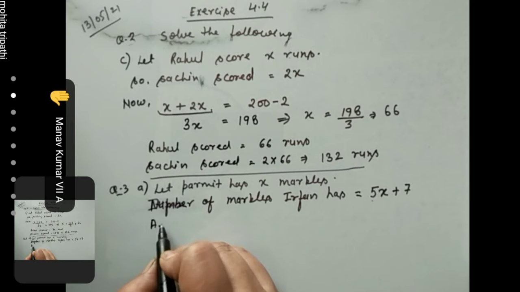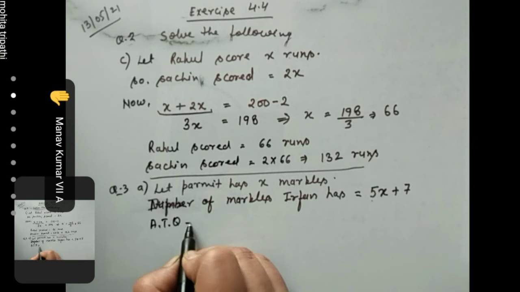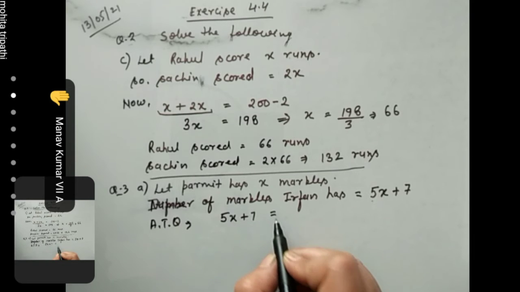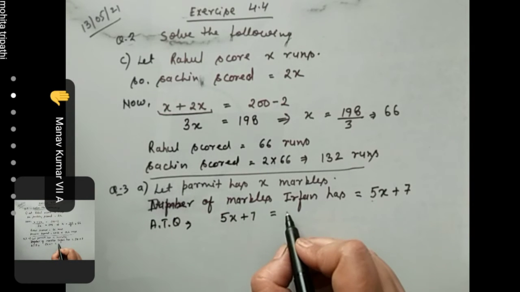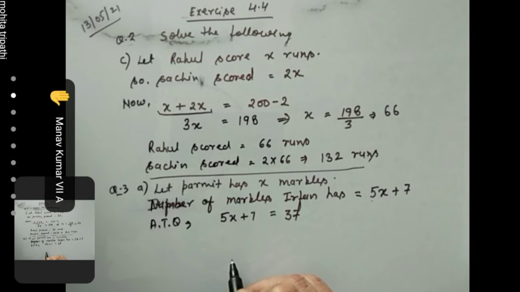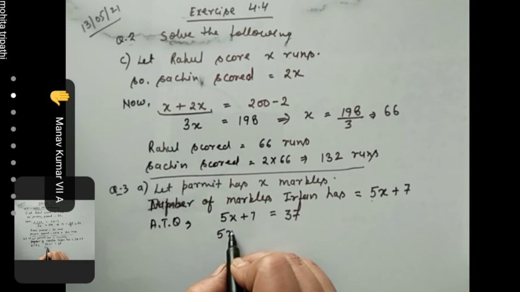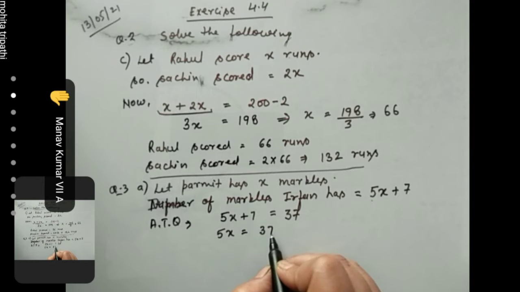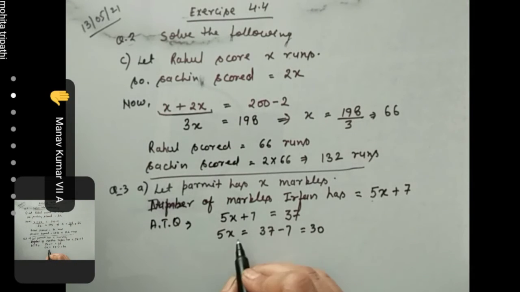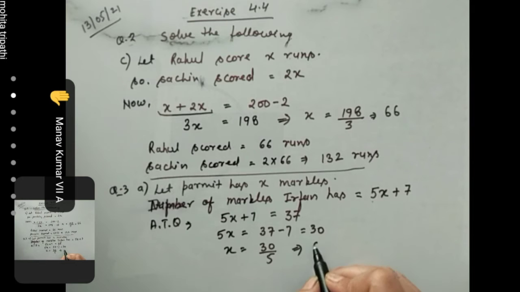Now, according to the question, this 5x plus 7 is equal to the number of marbles Irfan has, that is 37. Okay, now we will solve it. 5x equals 37 minus 7, that is 30, or x is equal to 30 upon 5, that is 6.